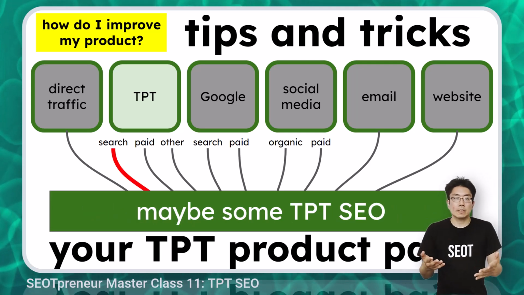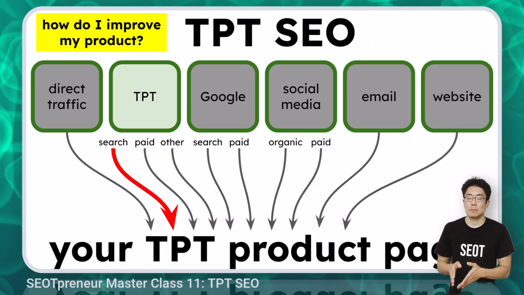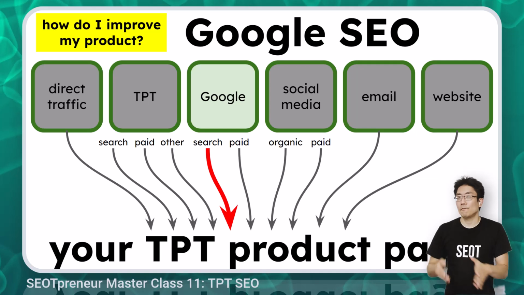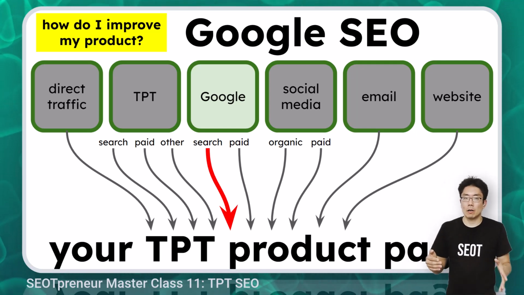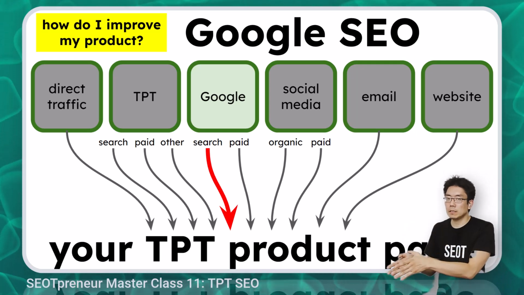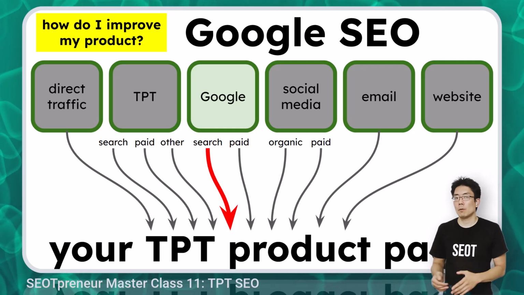And sometimes that answer might be about TPT SEO. But TPT SEO is only about search, and it's different from Google SEO. Both are about optimizing for search engines. There's a lot that happens in Google SEO that doesn't directly transfer over to TPT SEO, and I'll talk more about that in a second.